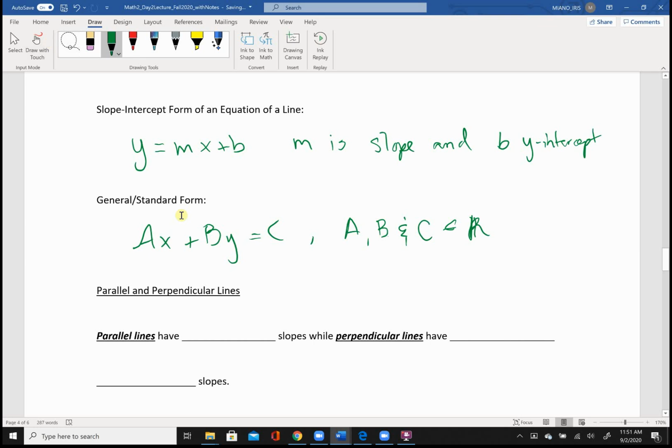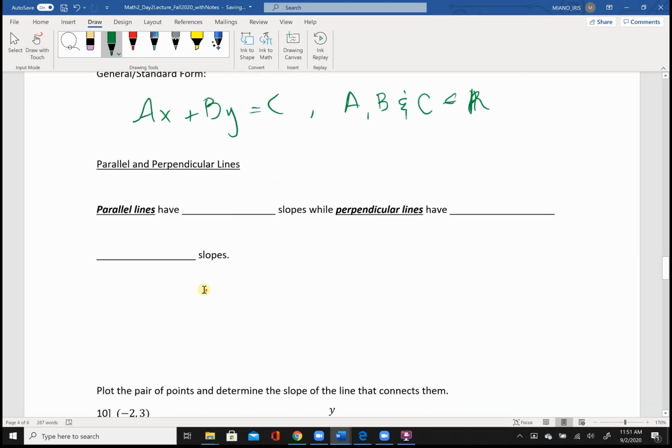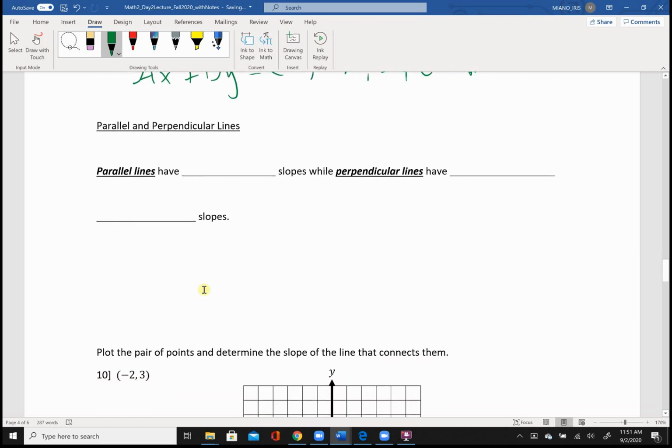Cool, cool, cool. Okay, moving right along. Parallel lines have, what's the relationship between slopes of parallel lines? I'm sure you've all heard this. They have equal slopes, so I'll fill in the blank there. Perpendicular lines have, there are two separate blanks here because there are two different describers for the relationship between the slopes of perpendicular lines, and they are opposite reciprocals.